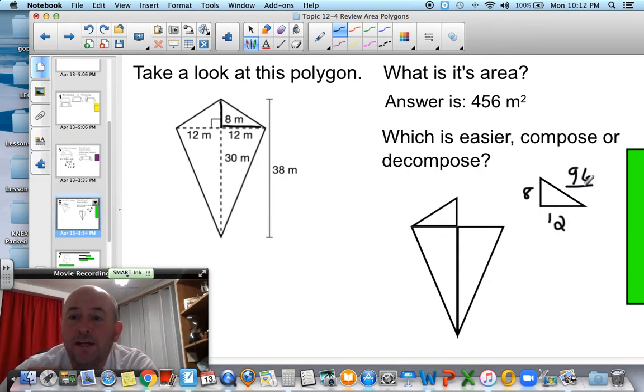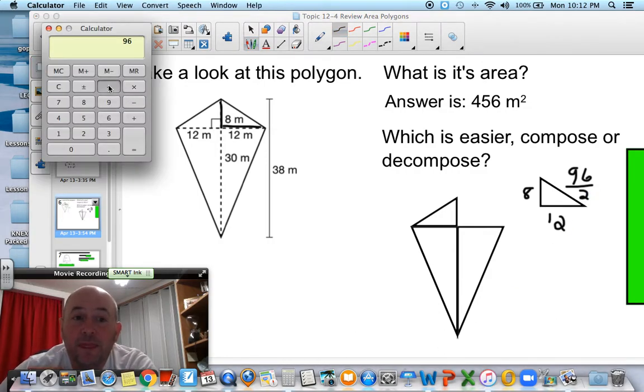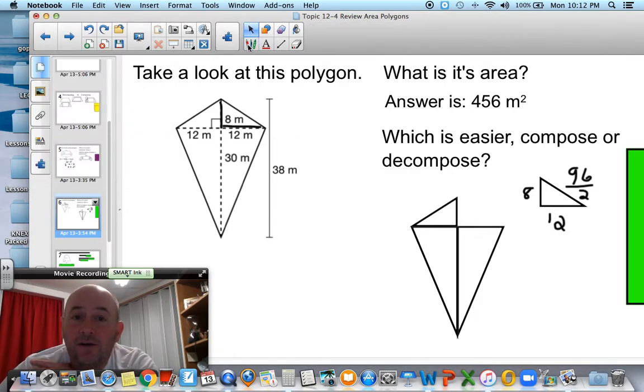But remember, now we have to divide it by 2, okay? So if we take that 96 and we divide by 2, we get 48, okay? So one of these little triangles right here is 48.